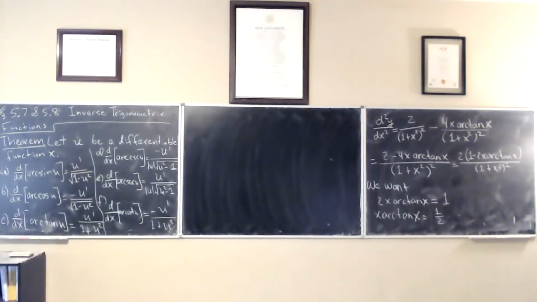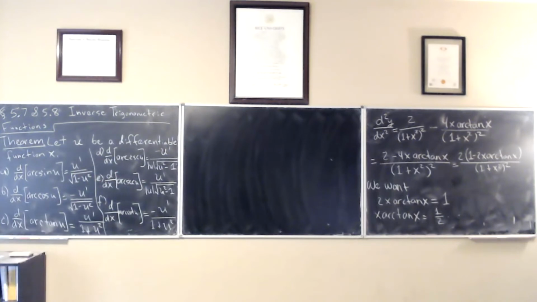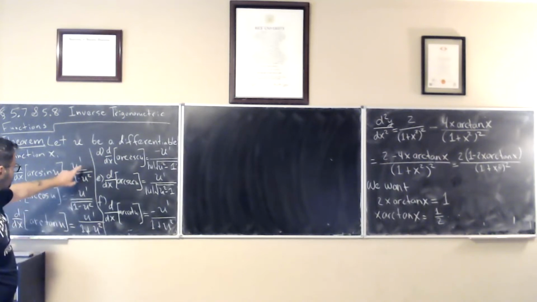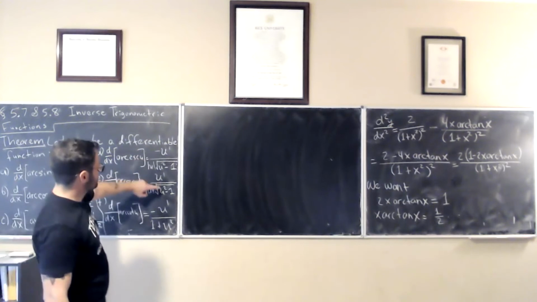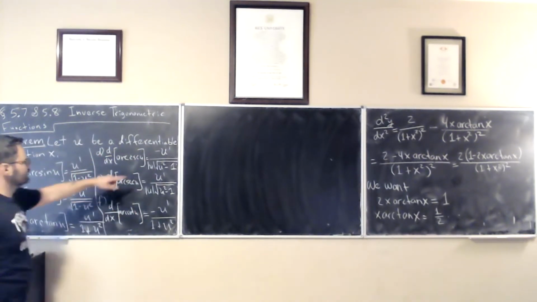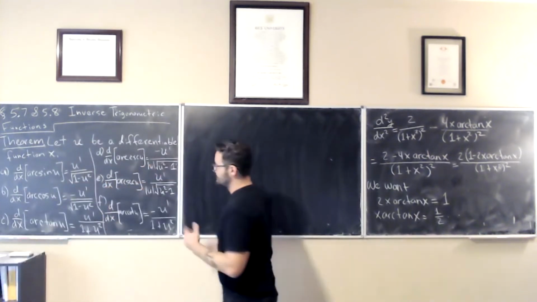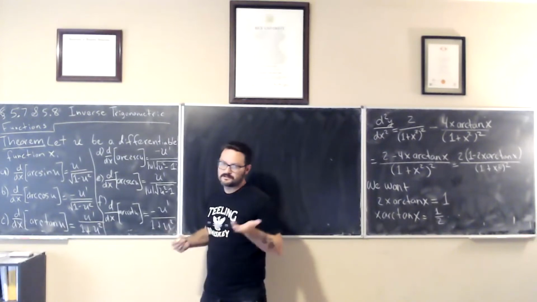Okay. So now let's look to integration. Now notice that these two derivatives are basically the same, and that these two derivatives are basically the same. They differ by a sign, right? That's positive, negative, that's negative, that's positive, but they're not the same, they differ by a negative 1.